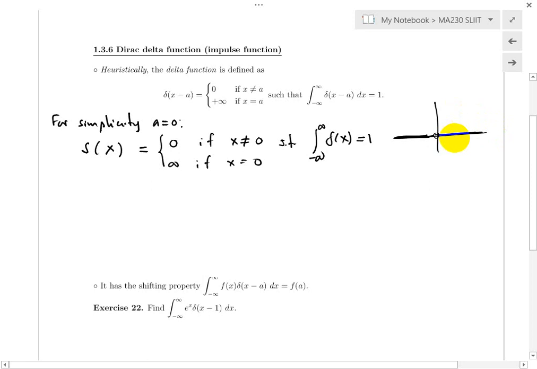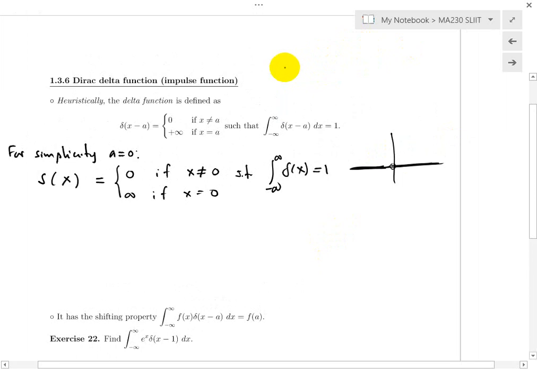So the reason you do this is, in say electrical engineering, you may have... but I need to tell you, this is not really a function.